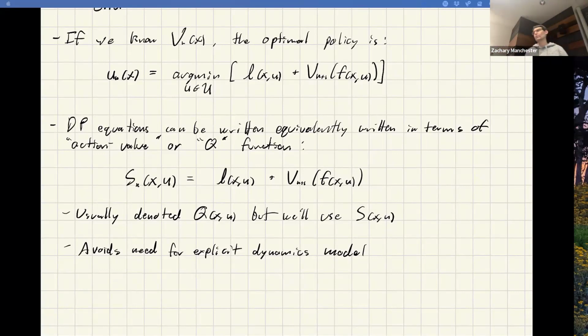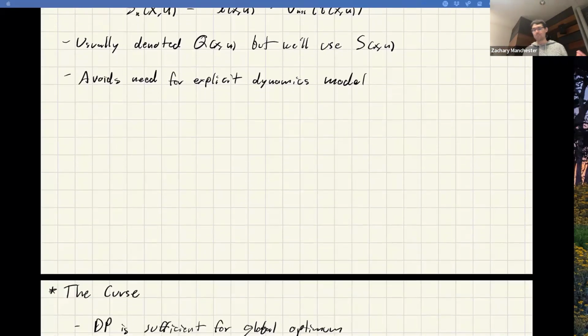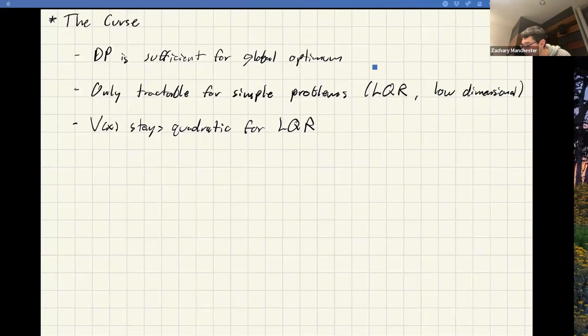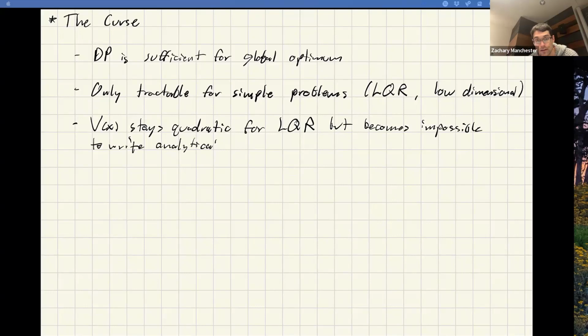It gets really gross really quick for even modestly nonlinear stuff. For LQR it's fine, but this thing becomes really bad. It becomes impossible to write down analytically, basically, even for simple nonlinear problems.